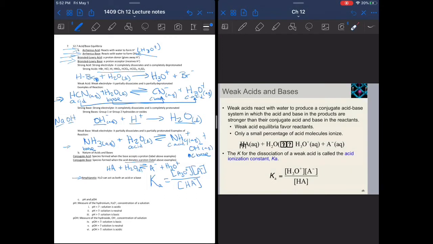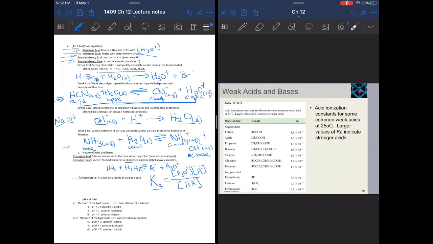All of these specific Ks, equilibrium constants, of course, have special names. So like Ksp is the solubility product, Ka is the acid ionization constant. And why is that important? Well, Kas can give you information about strength, right?